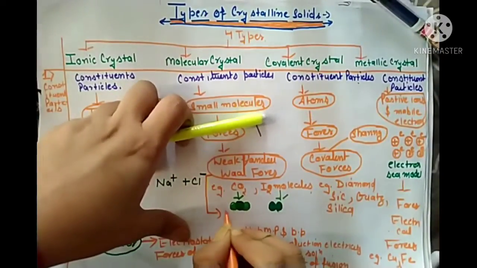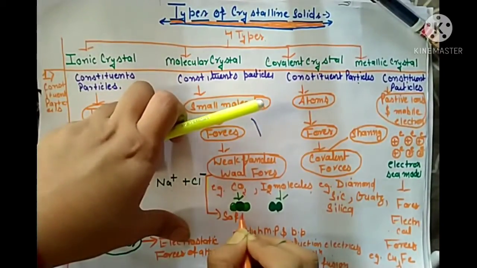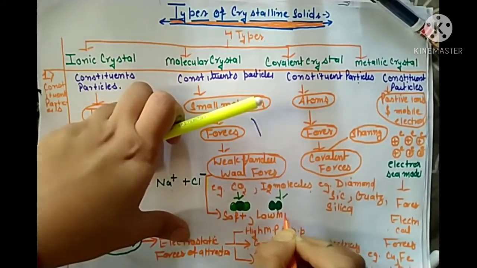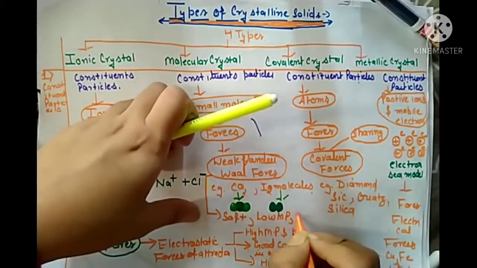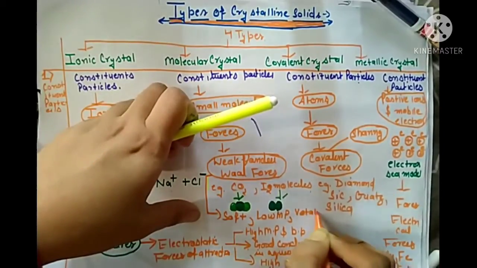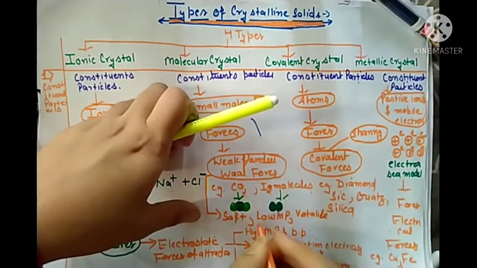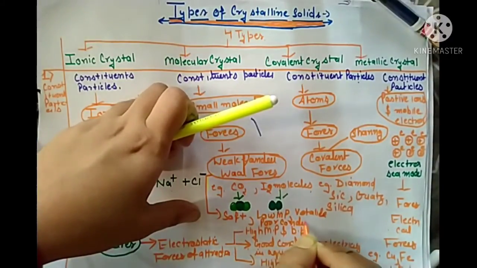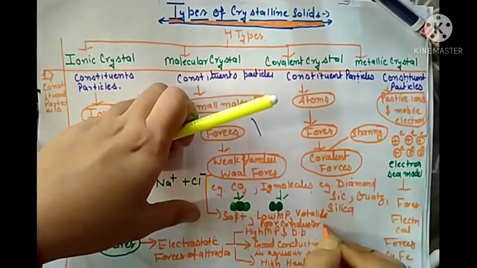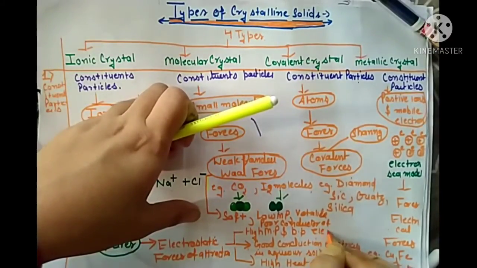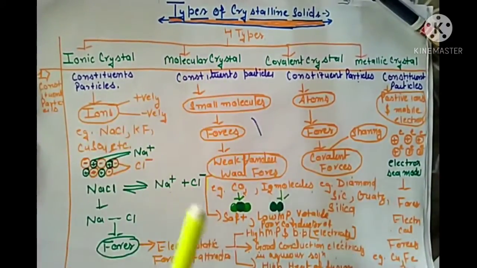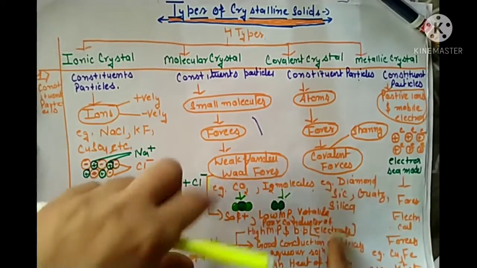They have low melting point, are volatile, and are poor conductors of electricity. And also low heat of fusion.